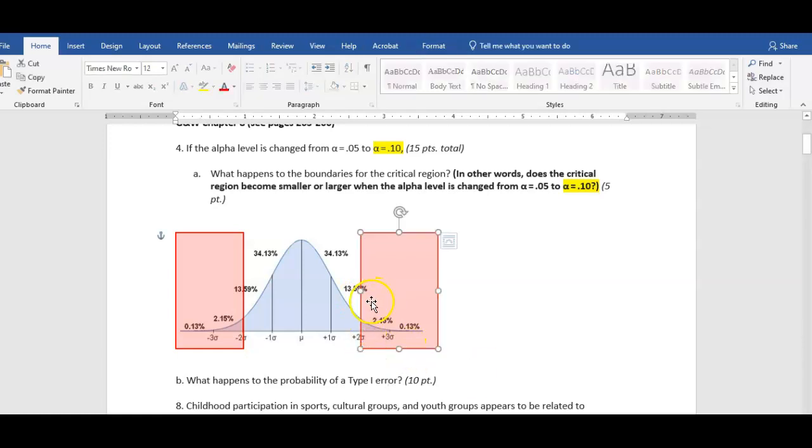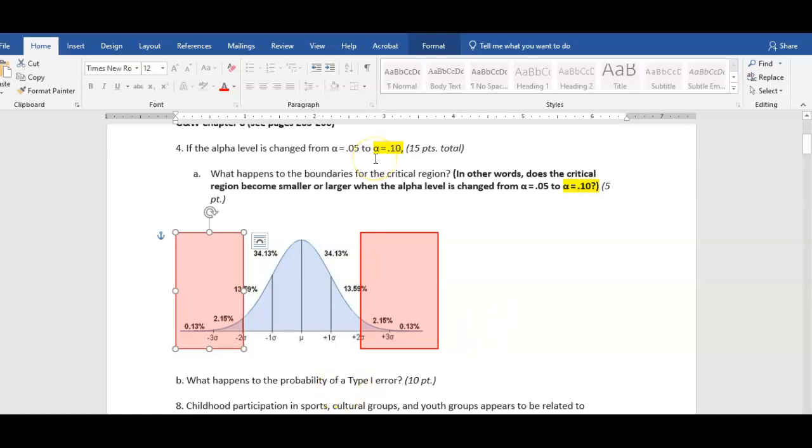Notice that if I keep my alpha low down here, I'm becoming more stringent, right? I have to have a bigger Z value in order to reject the null. But when I make it less stringent, I increase to a 10% risk. Now my Z can be lower, and I can say that I have an effect when I really don't.